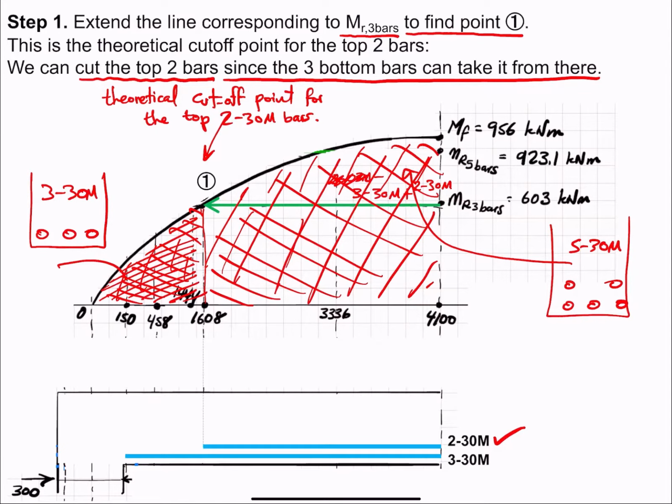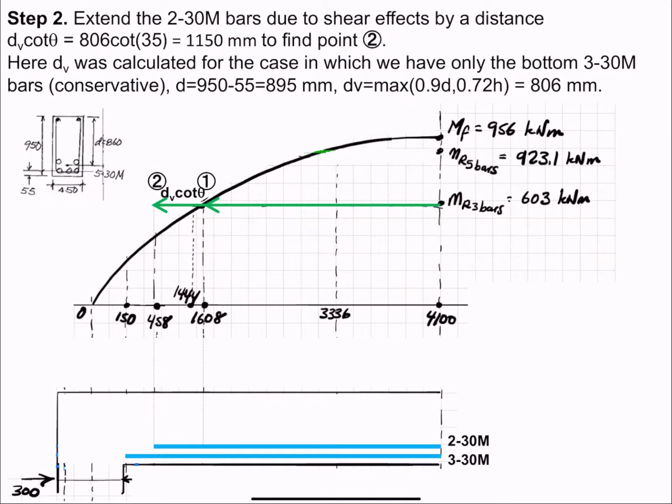So the next step is to extend those 2 30 bars. So that was the theoretical point. We're going to extend them a bit, by a distance dB cotangent of theta. And then I'll show you later how to get dB, but it is 806 cotangent of 35, 1,150 millimeters, to find point 2.